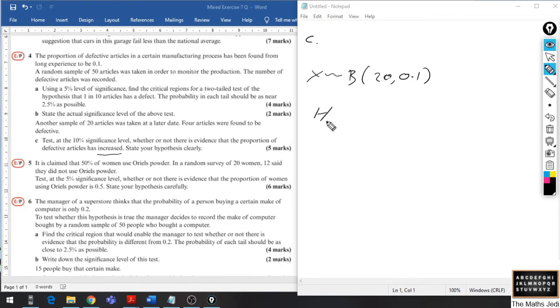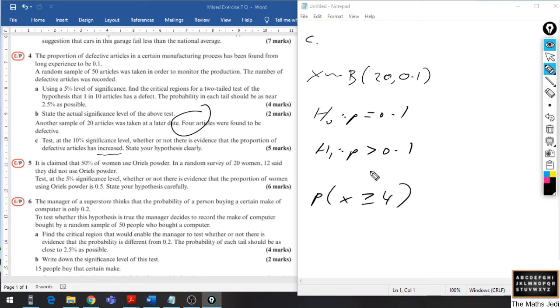So my null hypothesis will be that P is equal to 0.1, and my alternative hypothesis will be that it is more than 0.1. So it's increased. We're being told in the question there are 4 articles. So we're being asked for the probability of it being more than or equal to 4. That's because we're looking for an increase. So we're looking for more than or equal to 4. More than or equal to 4 is 1 minus the probability of it being less than or equal to 3.